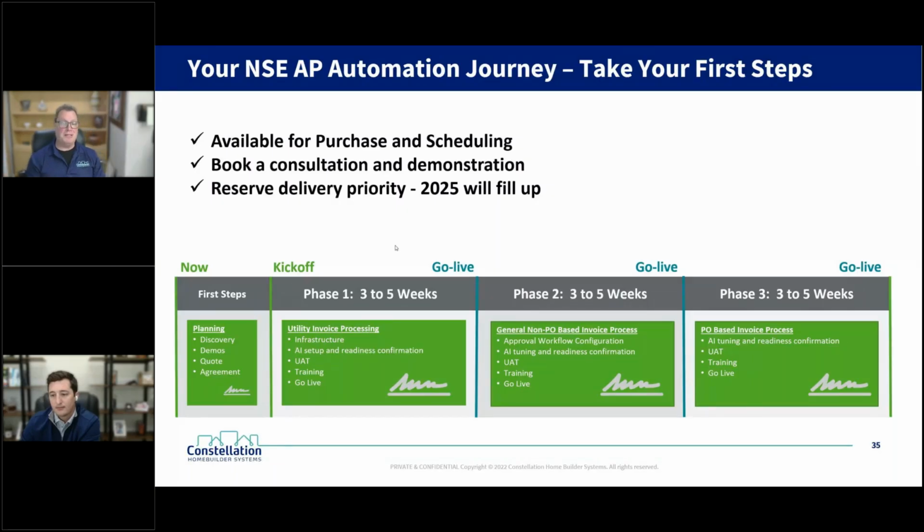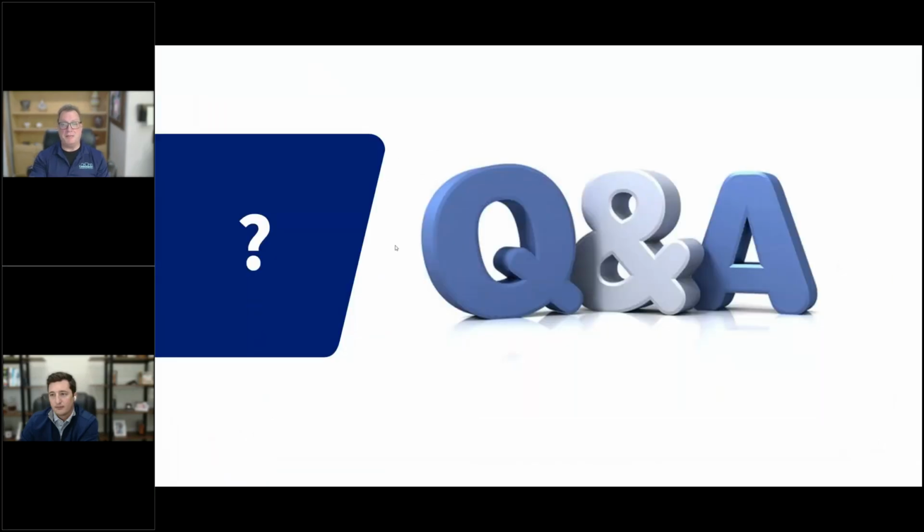So we encourage you to talk to your New Star reps. Certainly you can call us, but in short, we work very closely as part of the Constellation team. We'd love to understand where you are and share what we're learning and seeing as we bring this to a bigger group of builders.